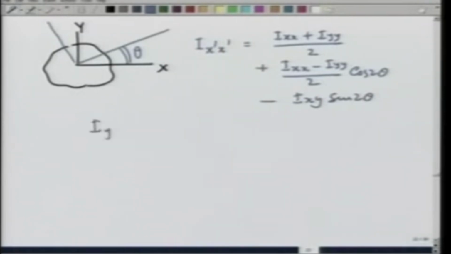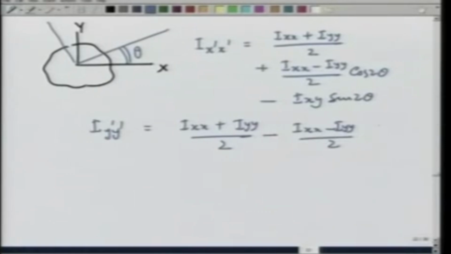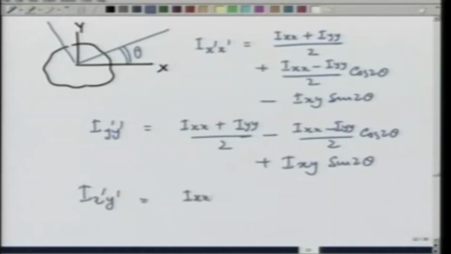Similarly, I y prime is going to be I x plus I y divided by 2 minus I x minus I y divided by 2 cosine 2 theta plus I xy sine of 2 theta, and I x prime y prime is going to be equal to I xx minus I yy divided by 2 sine of 2 theta plus I xy cosine of 2 theta.